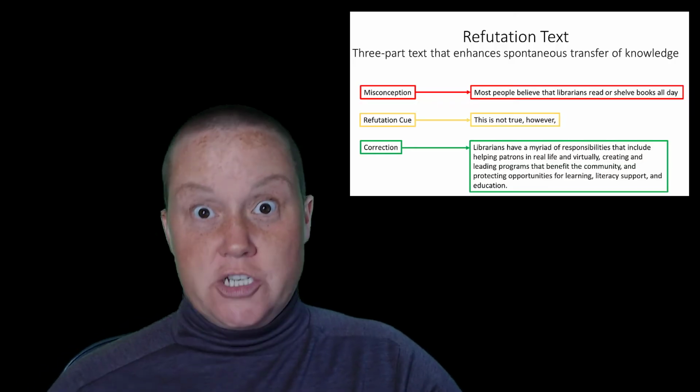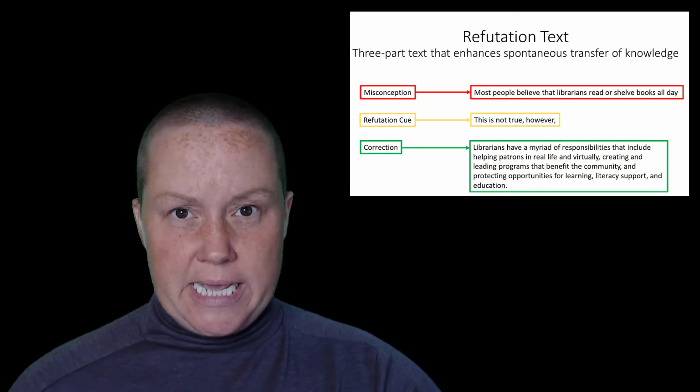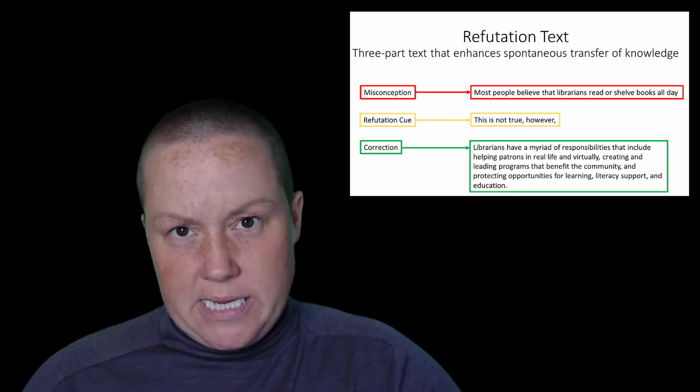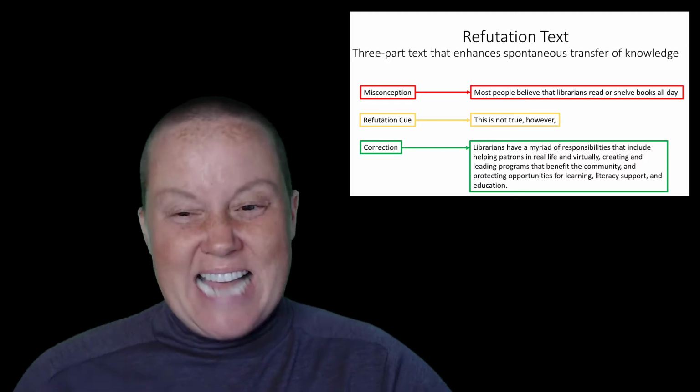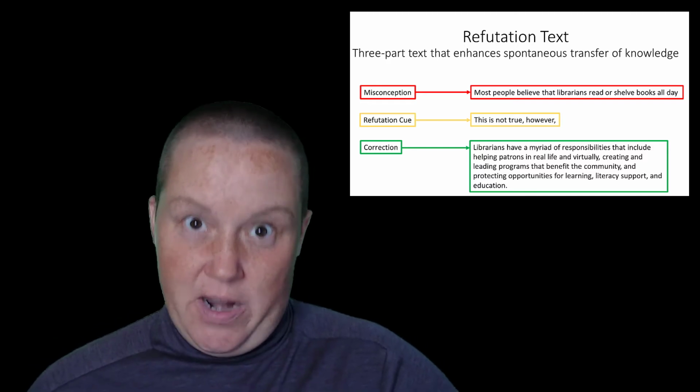Now that we've completed our discussion about the three assumptions of the cognitive theory of multimedia learning, that is a mouthful, let's go ahead and start talking a little bit about something called refutation text. And refutation text is a three-part text that can really help a person's spontaneous transfer of knowledge.